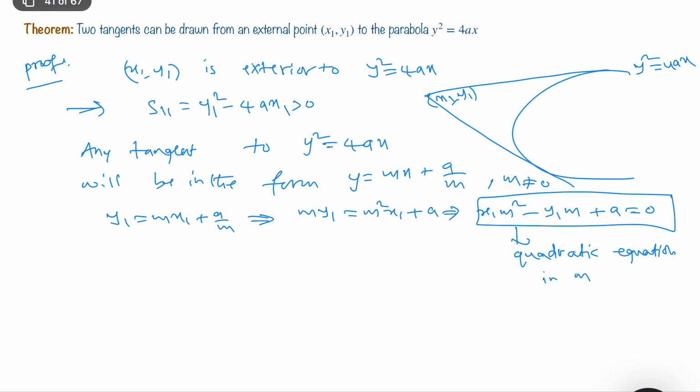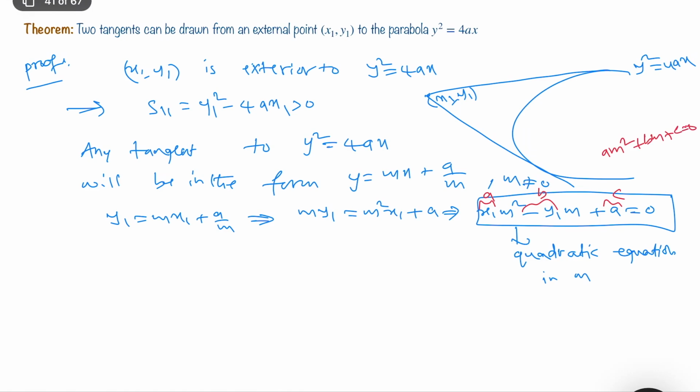Now let us look at the discriminant for this quadratic equation. Here x1 is like a, minus y1 is like b, and a is like c, if you compare with a quadratic equation like a m square plus b m plus c.